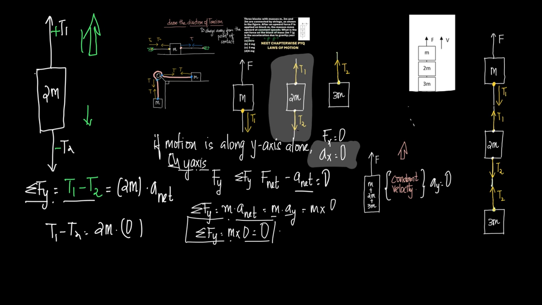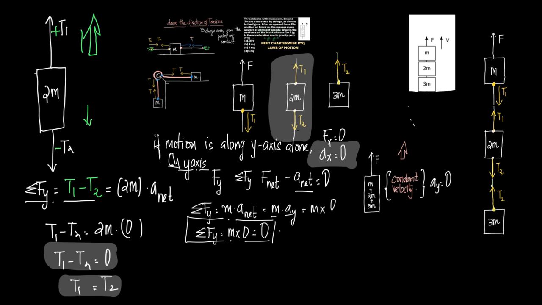Therefore 2m into 0. Therefore, this question can also be asked in a different way: T1 minus T2 is equal to 0, and therefore for this condition to exist, T1 should be equal to T2, and the sum of the forces acting on this is equal to 0.